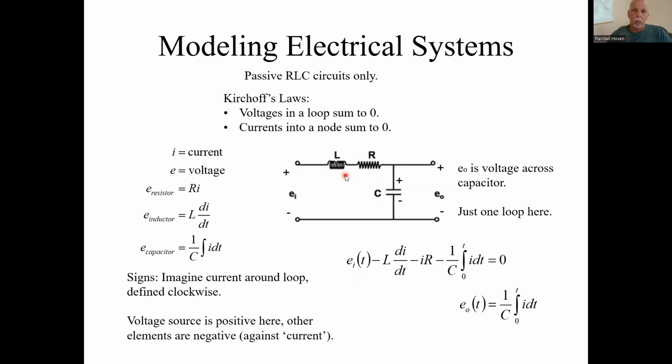This voltage drop will be a minus, and remember, it's proportional to the time derivative of current. This is also a minus. And the voltage drop across the resistor is proportional to the current itself.